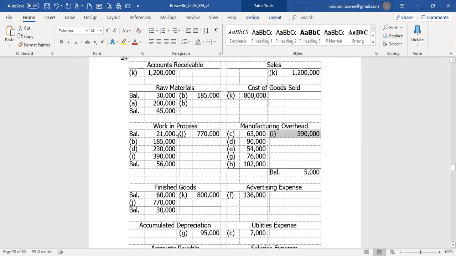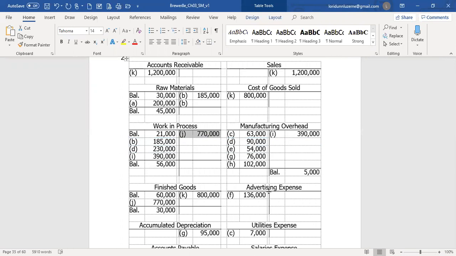In J, now the goods are done. We've collected all the costs associated with making the heavy equipment to this point. The stuff that is finished cost $770,000. So when the heavy equipment is done, we say, how much did the heavy equipment that's finished cost us? $770,000.